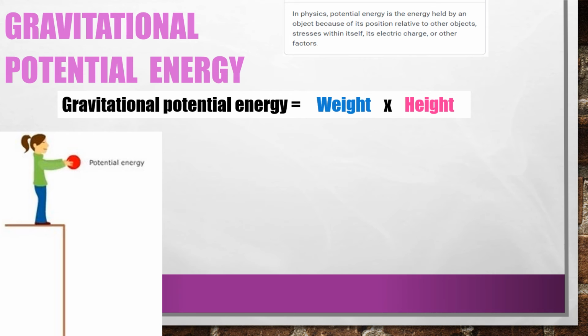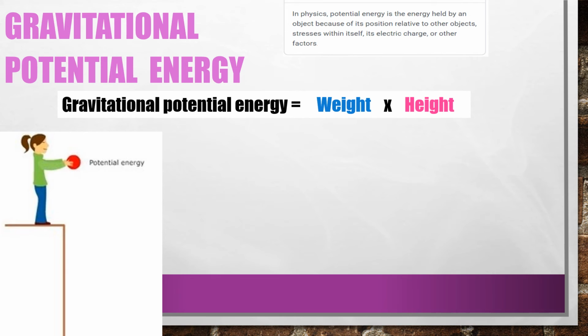When I look at the idea then of how we find gravitational energy, the book gives us that we're talking about weight times height. The reason we talk about that is because I need to once again understand the difference between a mass and a weight. Once again, mass is how much space is taken up.